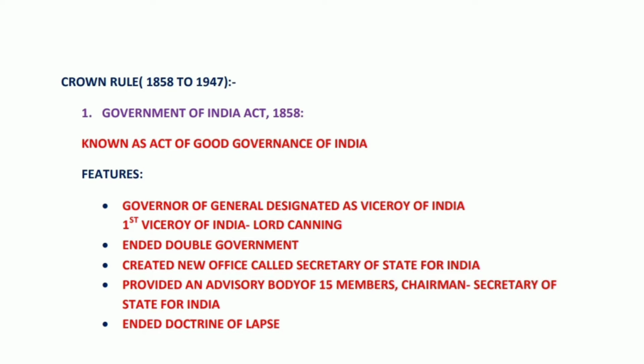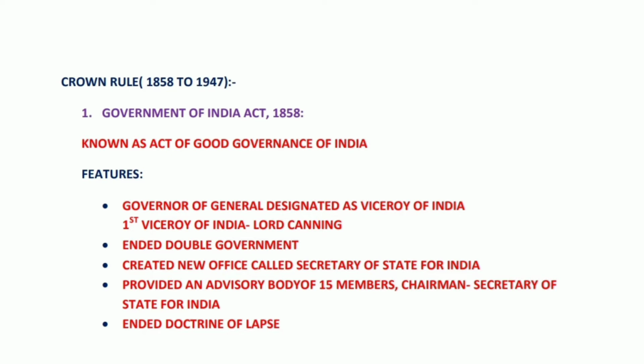And after that, they also created an office called Secretary of State for India, and this Secretary of State was a member of British Parliament. So in order to advise on certain issues, the Secretary of State had an advisory body of 15 members, and this advisory body was headed by the Secretary of State.